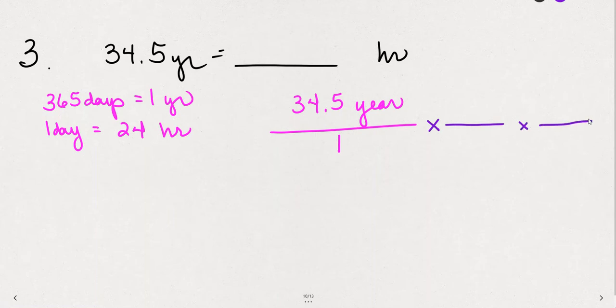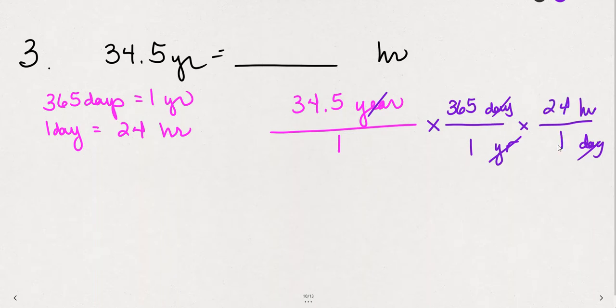by 2 unit fractions. The first one, I'm going to want to get rid of this year, so I could go from a year to a day. So it's 1 year under 365 days. And then I need to go from a day, so that the days divide out, the years divided out already, days to hours. 24 hours is equivalent to 1 day.